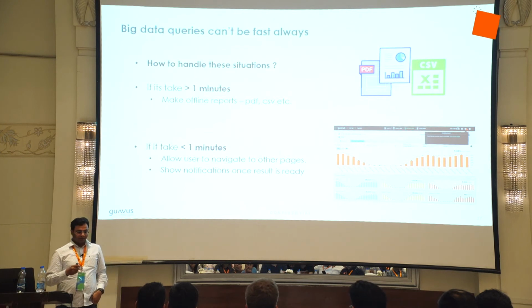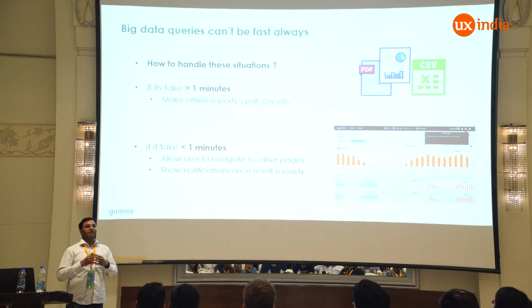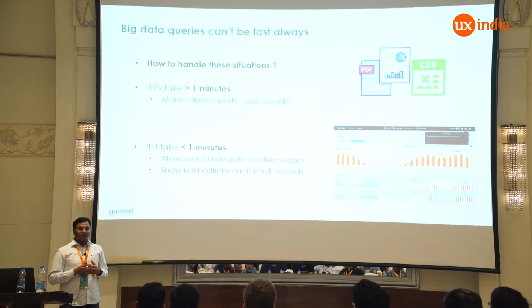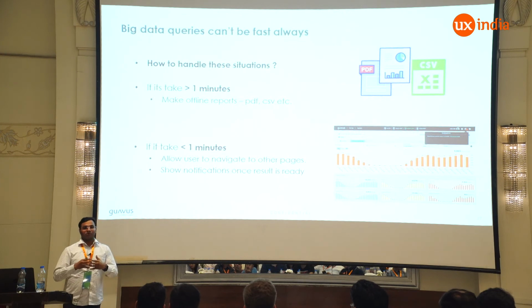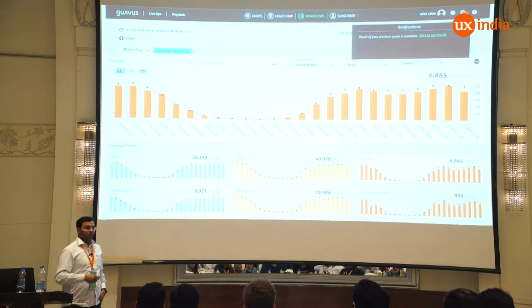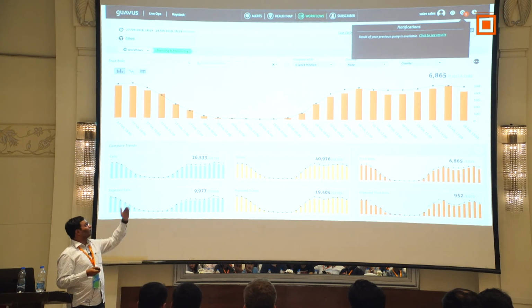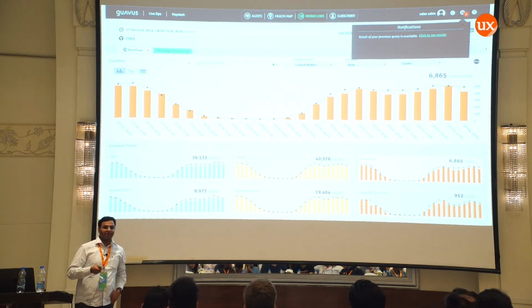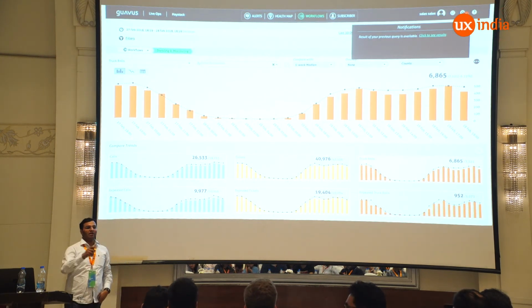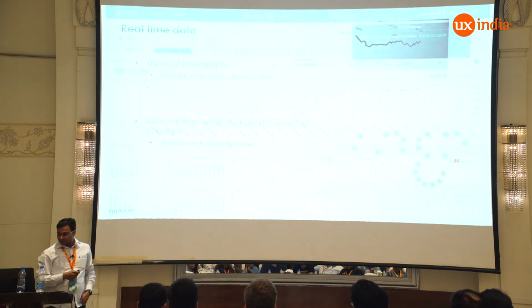What we thought is, if it takes more than 1 minute to get any data from the backend, we need to create offline reports like CSV or PDFs. If it takes less than 1 minute, we suggest letting the user browse to other screens, and once he gets the result, show him a notification on the top right saying data is ready, click and you can go back. There are multiple other ways to do it, but this is one of the examples we have taken.